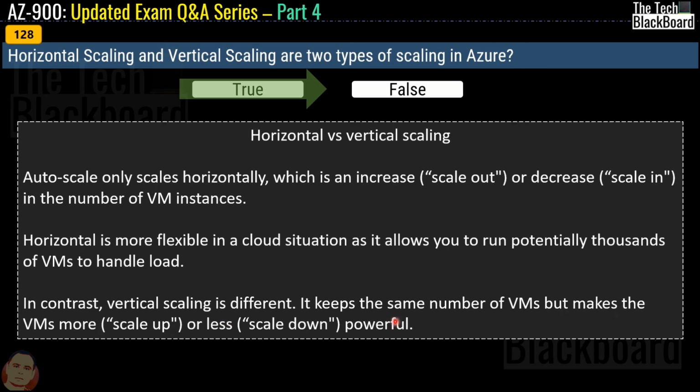In very simple words, horizontal scaling means that you can increase or decrease the virtual machine to match the demand. And in contrast, in vertical scaling, we do not increase or decrease the virtual machine itself. However, we increase or decrease the processing power of the available virtual machine. I hope I'm able to give you a quick introduction to the differences between horizontal scaling and vertical scaling.